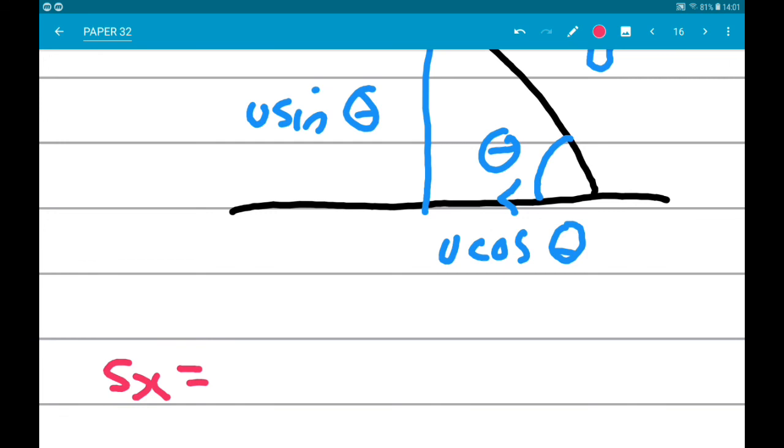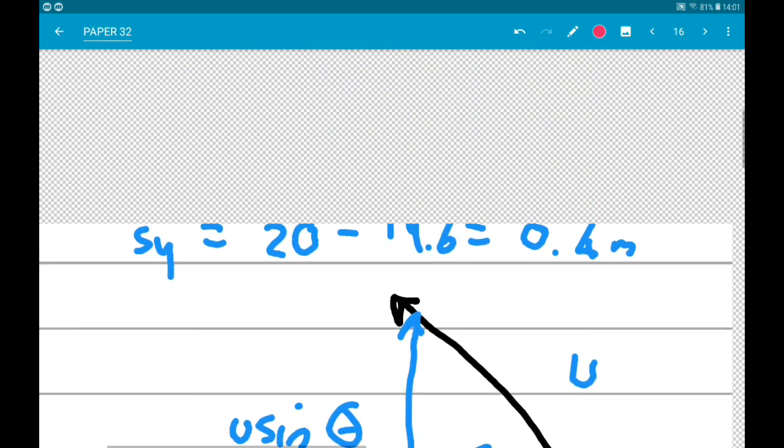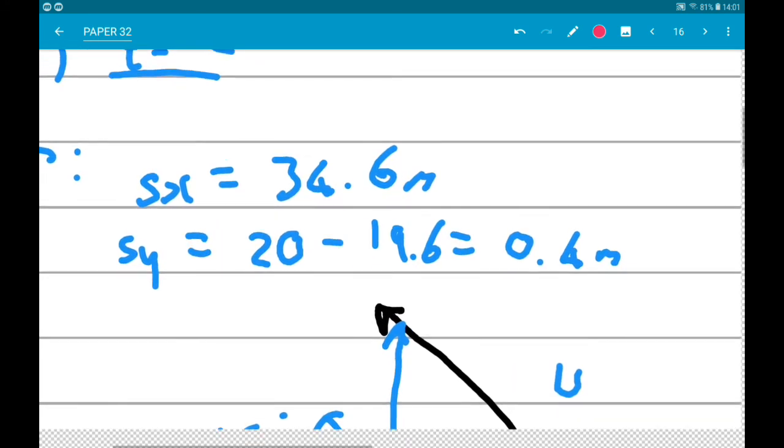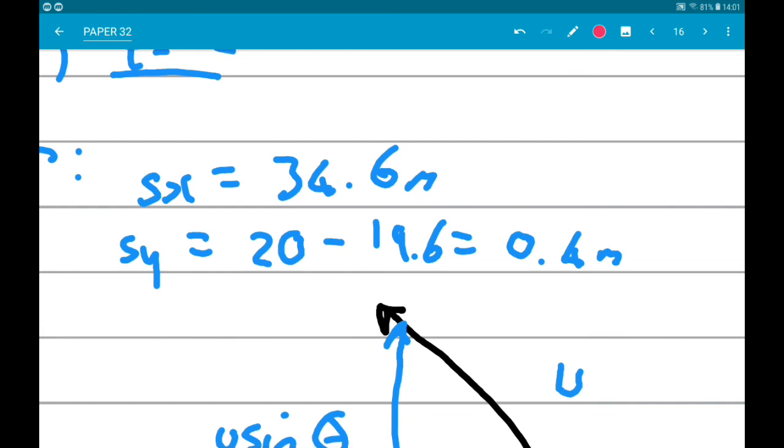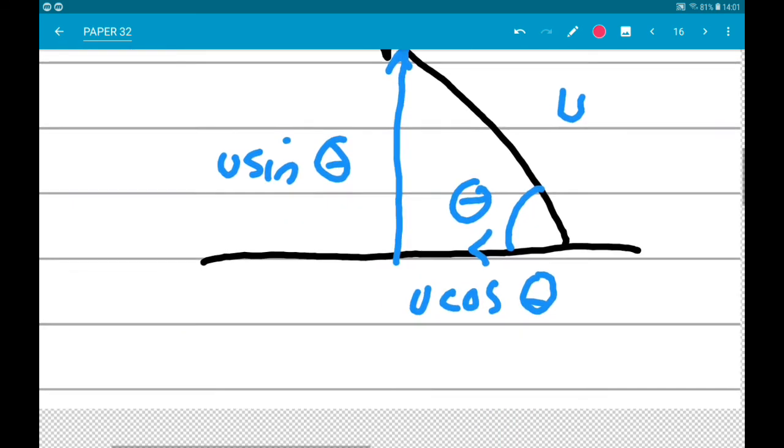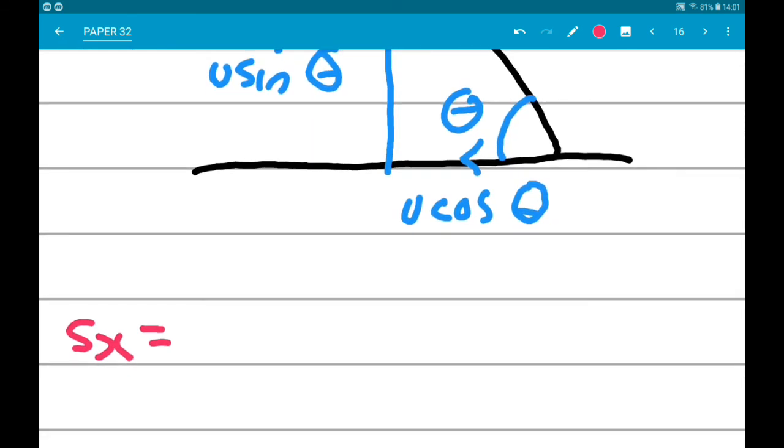Now we know the collision happened 34.6 meters from A, so that's 15.4 meters from B. So we want our horizontal displacement to be 15.4.